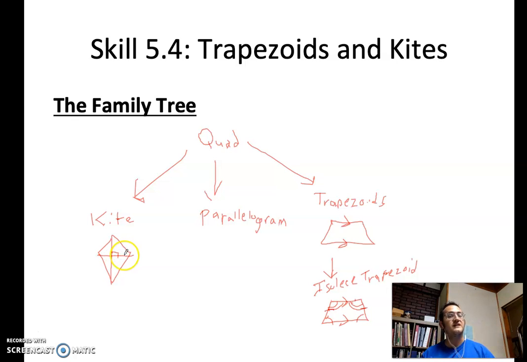One of my students a few years ago actually called that the "make Jesus property" because it does look a little bit like that type of cross. And then the sides that are next to each other are congruent, and there is one pair of opposite angles congruent with those. So I would really encourage you to go and mark in the congruent sides and the congruent angles for those.